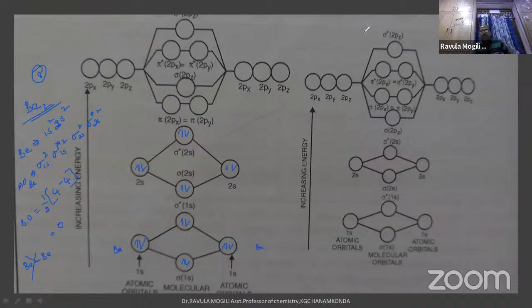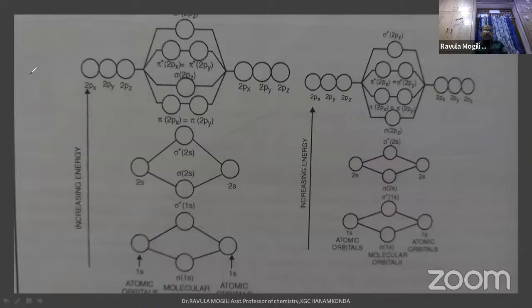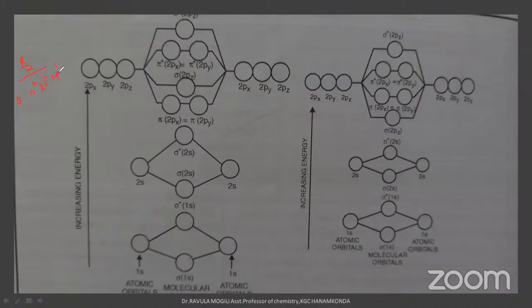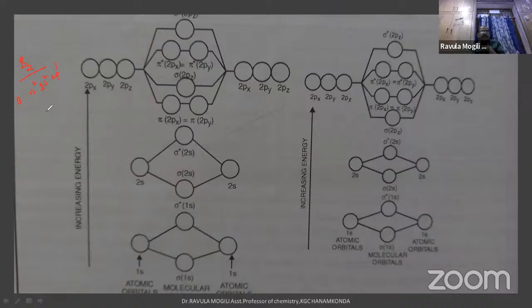Okay, now here one more we will take. Boron, B2. The boron electronic configuration is 1s2, 2s2, 2p1.